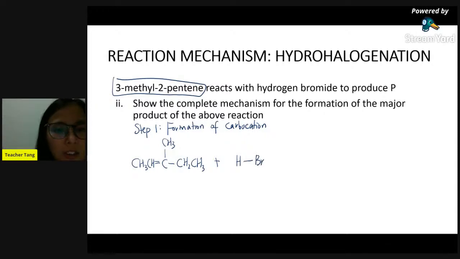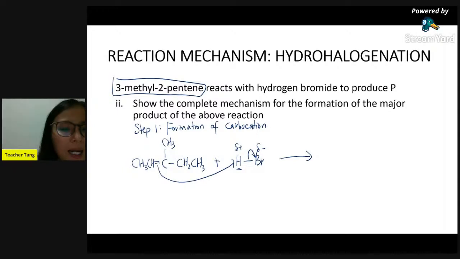Okay, so this is partially positive, partially negative. So again, the first step involves bond breaking and also bond forming.